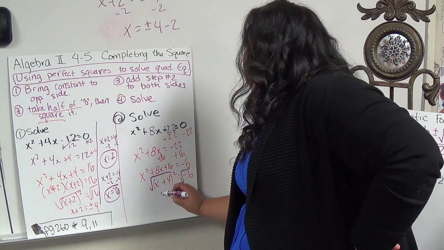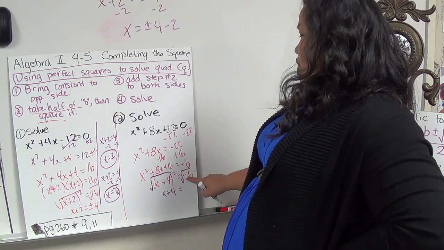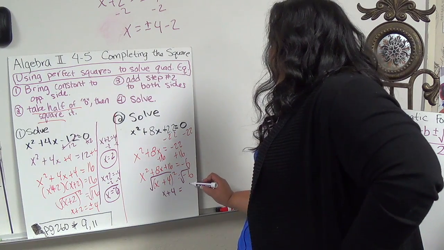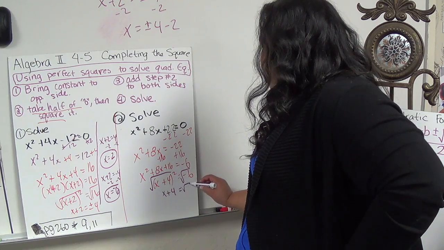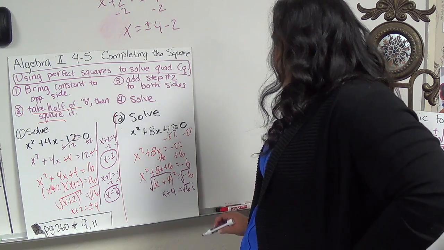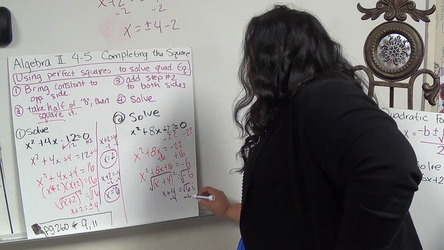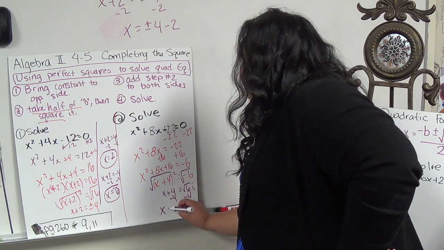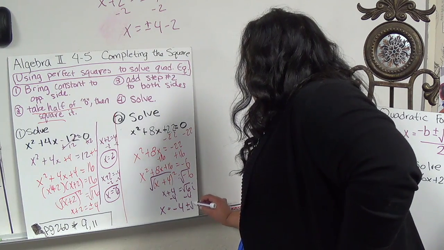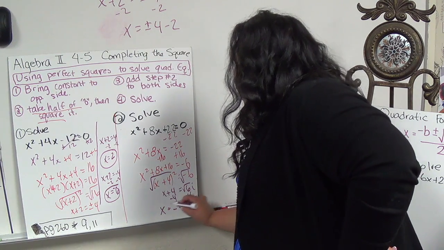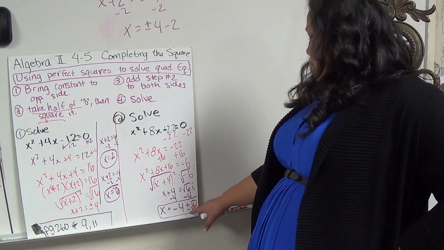I end up with x plus 4 equals, and that negative in there means I'm going to get the square root of 6i. And this is the reason why this is important, because I'm going to minus 4 on both sides. And my answer is going to be x equals negative 4 plus or minus root 6i. Because it's negative 4 plus root 6i and negative 4 minus root 6i.